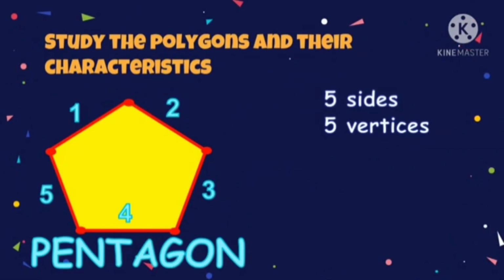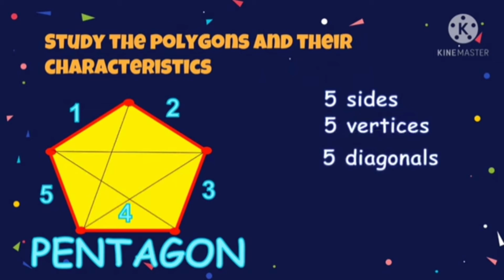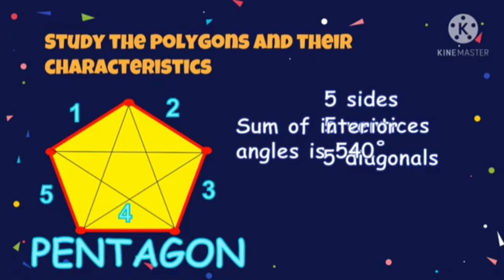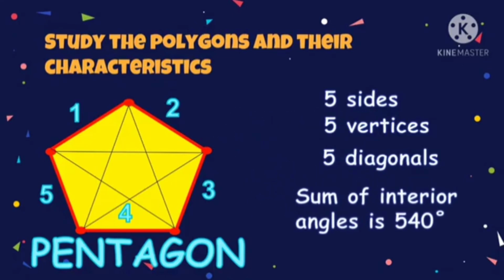Okay, so narito ang 5 diagonals sa pentagon. 1, 2, 3, 4, 5. So, nakita nyo na para tayo nakabuo ng star. And also, another characteristic of a pentagon is the sum of interior angles is 540 degrees.